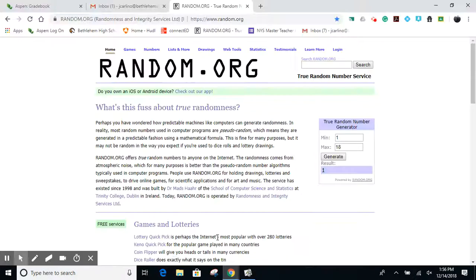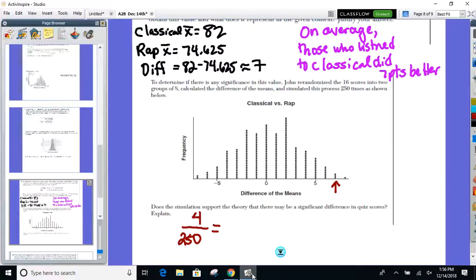About what percent would that be? 1.6%. All right, what's that number telling me? Is there significant difference? 1.6%. Where does it fall? 2.5, right?